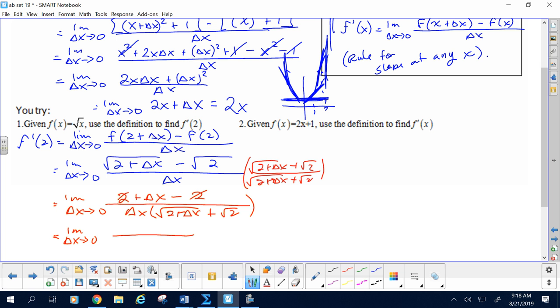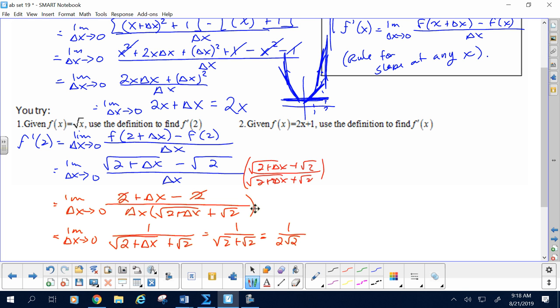When it divides away, you have 1, and in the denominator you have square root of 2 plus delta x plus root 2. Can you put a 0 in now? Yeah, you get 1 over root 2 plus root 2. Suppose I could add those. What do you get when you add those? 1 over 2 root 2. That's the derivative at 2.